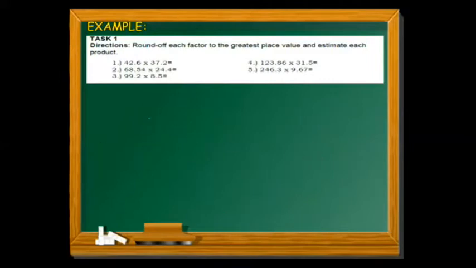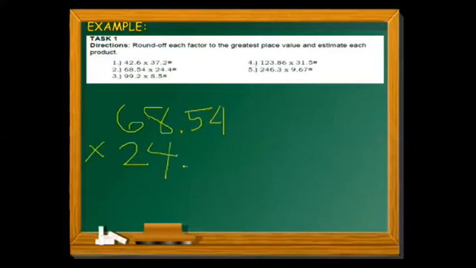So example number 2, we have 68.54 times 24.4. Ayan.